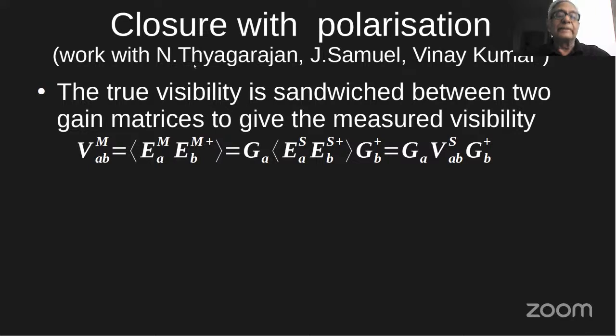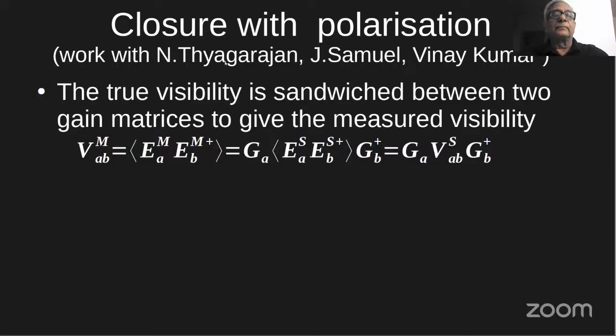But actually, there is a relationship. He did a project on deconvolution in NCRA when he was studying engineering in IIT Madras. And when we started this collaboration, he was at the VLA. And he is now in Perth. Okay. Joseph Samuel, RRI and ICTS, Vinay Kumar, ICTS.